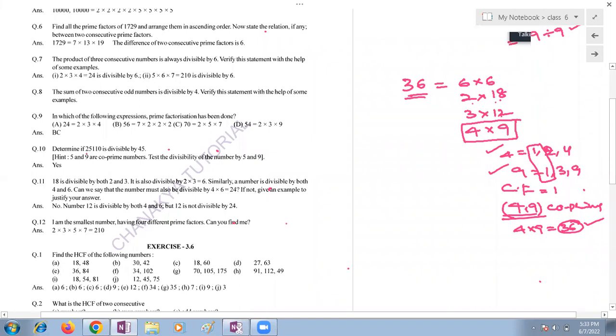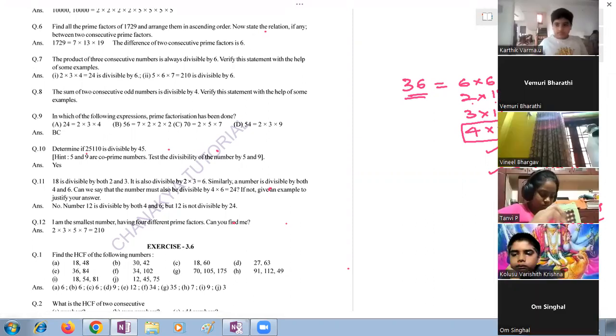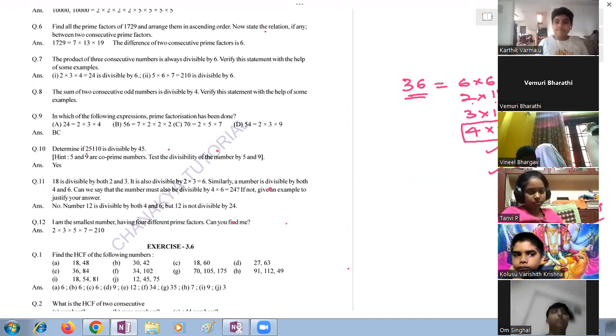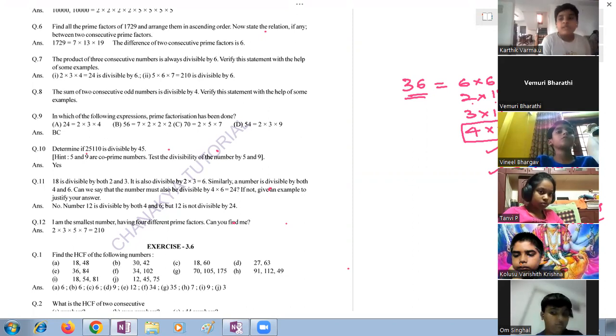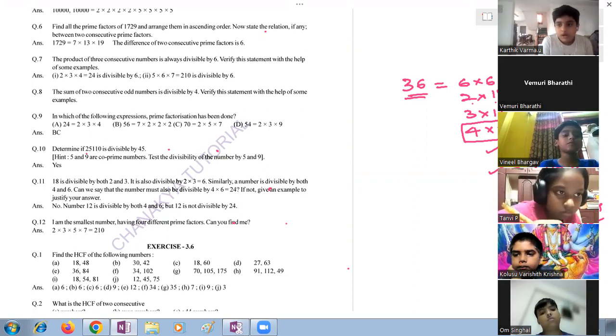Understood, Om? Yes, ma'am, got it. Mukesh? Yes, ma'am. I want my students' concerns addressed because this is a most important topic. Karthik, any doubt here? No, ma'am. Very good. Vinil, Varshit? Ma'am, do you have a quiz today? Tanvi?